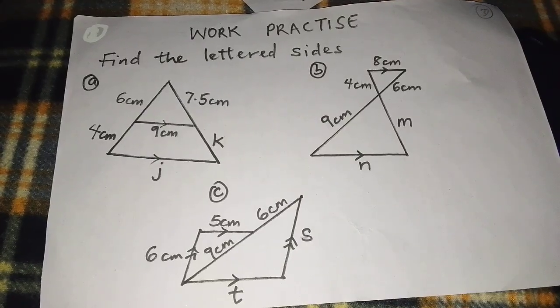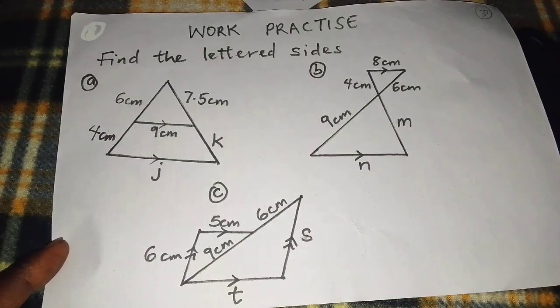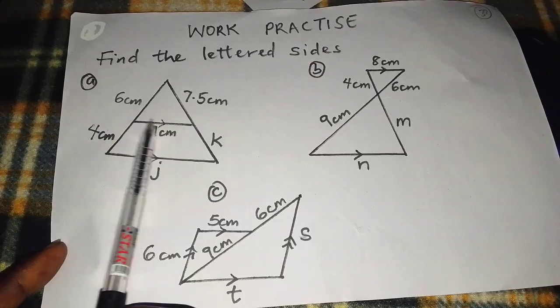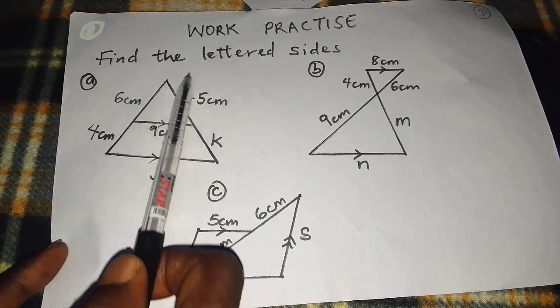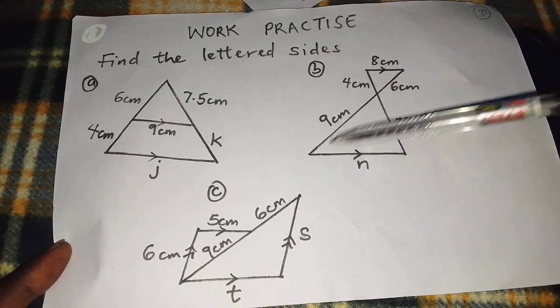Now for your work practice, find the left-hand side. You are given this as your work practice. This is 6 centimeters, 4 centimeters, 9 centimeters, J and K 7.5. This line and this line are parallel. This is 4 centimeters, 6 centimeters, 8 centimeters. This side is 9, this is M and this is N. For this also, this line and this line are parallel.